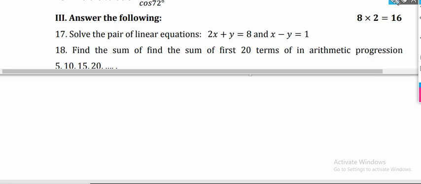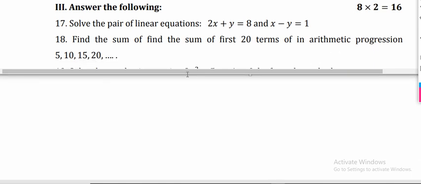Find the sum of the first 20 terms of an arithmetic progression. Here they ask to find out the sum of the 20 terms. So a is equal to 5 and d is equal to 10 minus 5, that is also equal to 5, and the value of n is equal to 20.